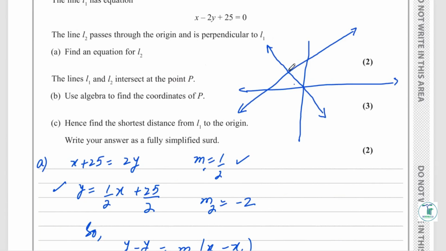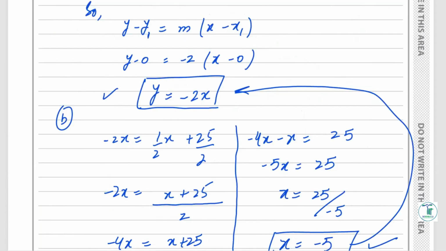This point of intersection, which is a common point of both L2 and L1, was (-5, 10). We just need to calculate the distance of this point from the origin, which is (0, 0). So we just need to calculate the distance OA.